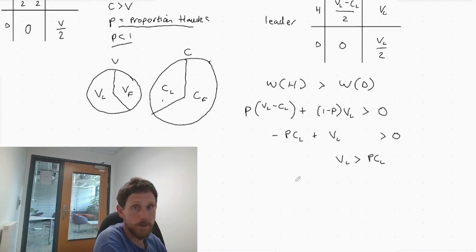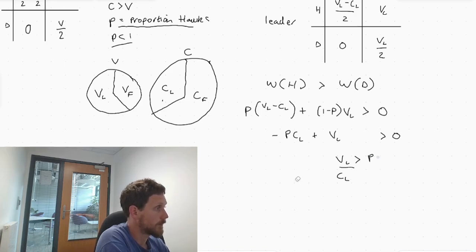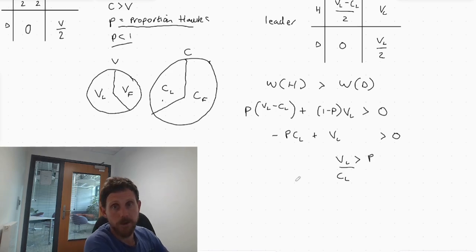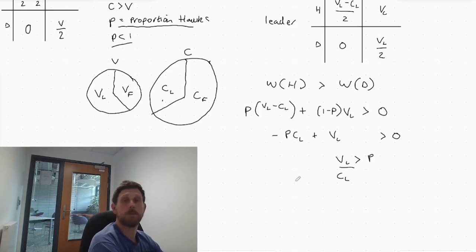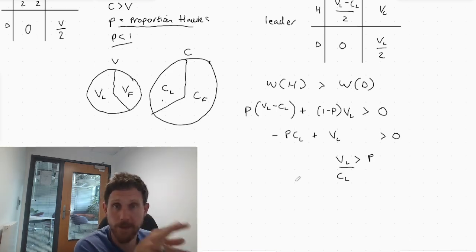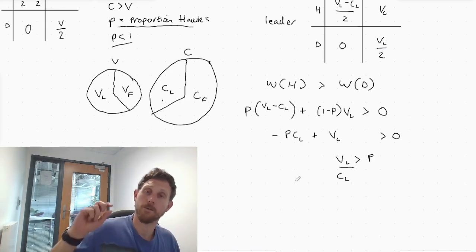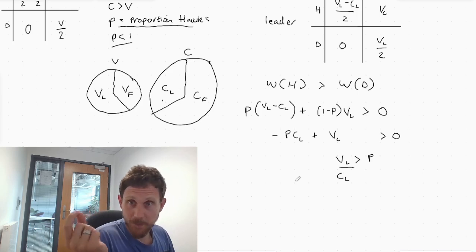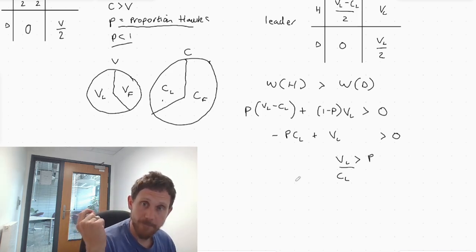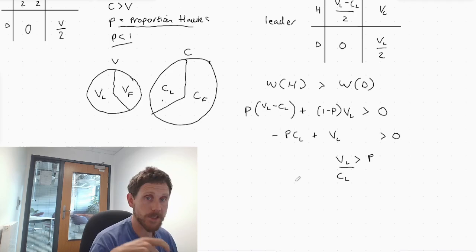Divide both sides by CL. That leads to the final simplified version: when VL over CL is greater than P, the leaders will have more to gain by playing the hawk strategy.